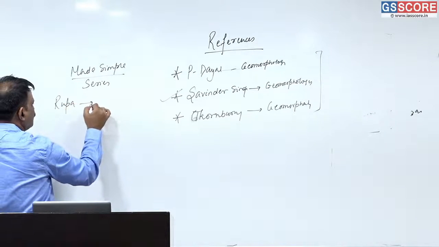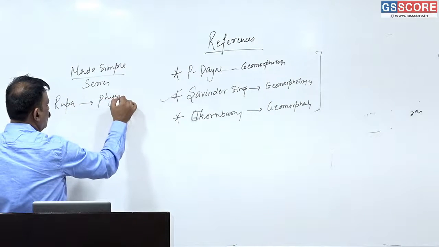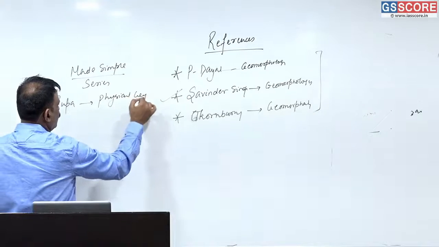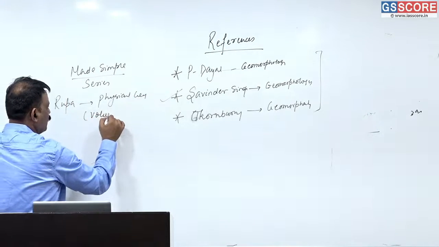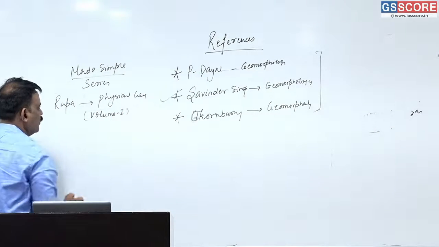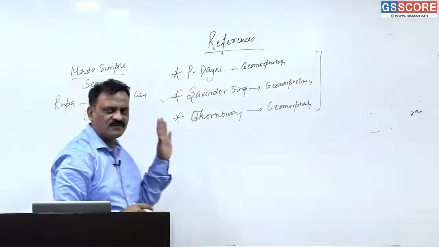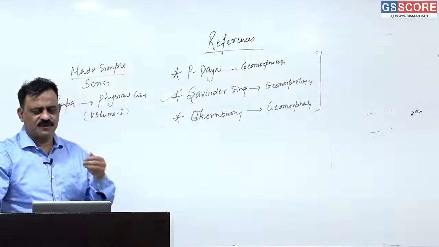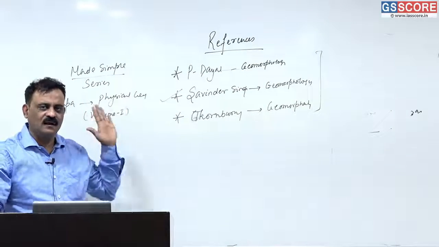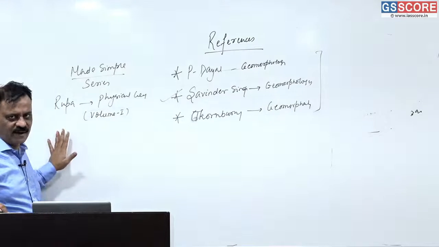And that is from physical geography, Rupa Physical Geography, that you can take. This is book 1, actually volume 1. Of course you are required to purchase the second volume also, so you can take Rupa for physical geography volume 1, and volume 2 also you can purchase for economic and social geography, because later on this second book is also going to be applied.